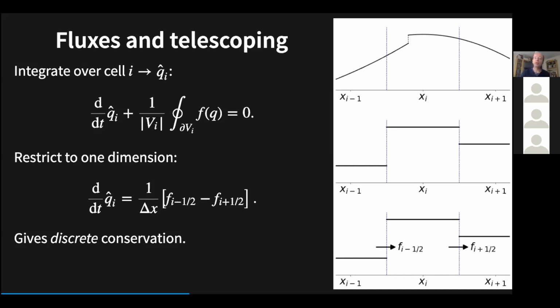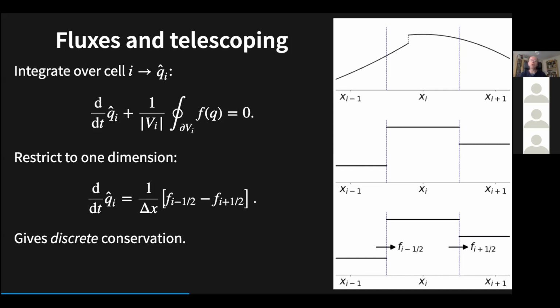What I want to do is to update these cell integral averages, as represented by the straight lines, by computing the surface integrals of the flux through the boundaries of these cells. Because we've restricted to one spatial dimension in this case, the surface integral is replaced by evaluating the fluxes at 2 points, 1 point to the right and 1 point to the left.